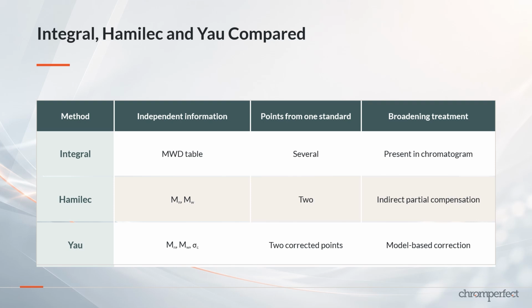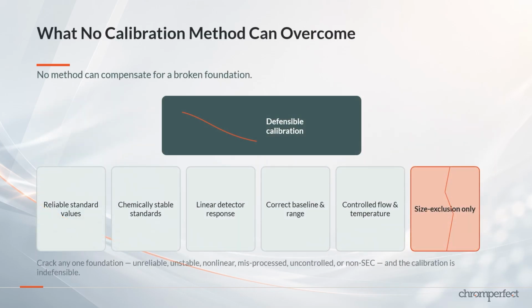The Hamilec method requires less characterization information, but produces a calibration influenced by the distribution shape and chromatographic broadening of the standard. The Yau method attempts to separate the calibration from that broadening by applying an axial broadening correction. No method can create information that is absent from the standards or overcome unsuitable chromatography.